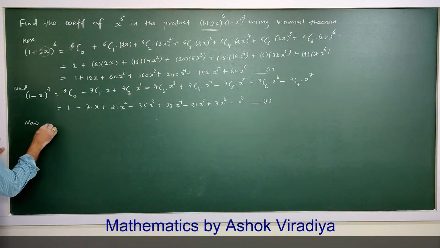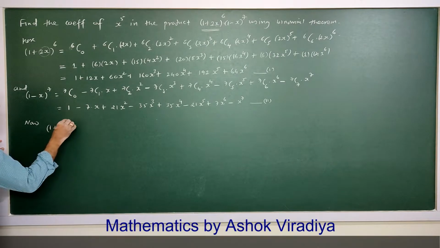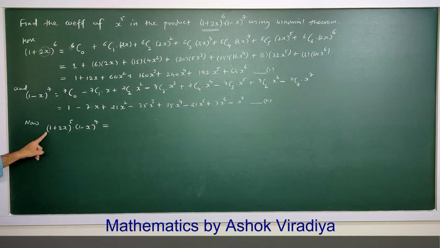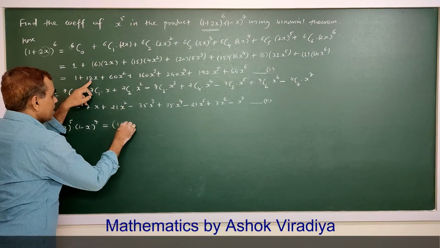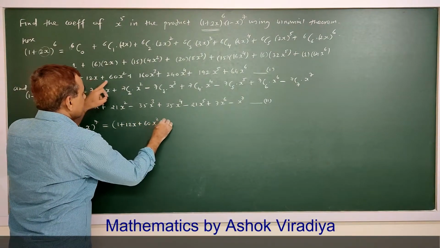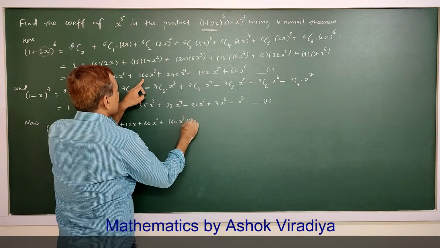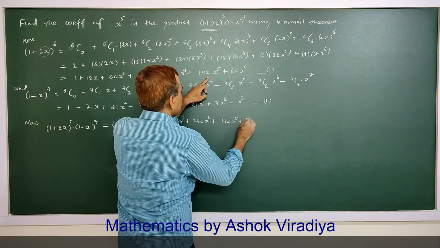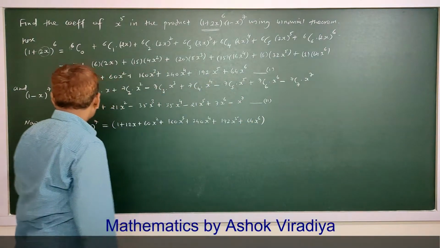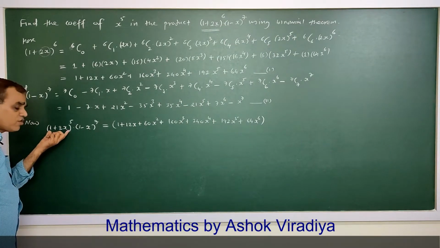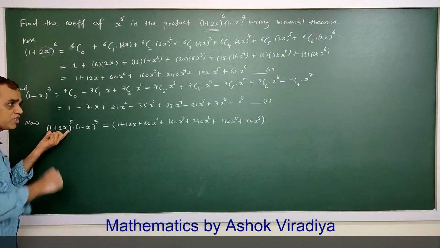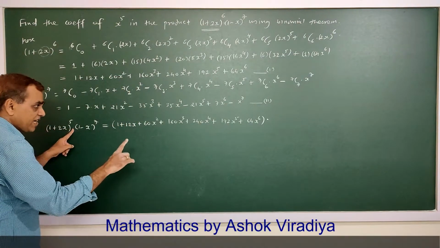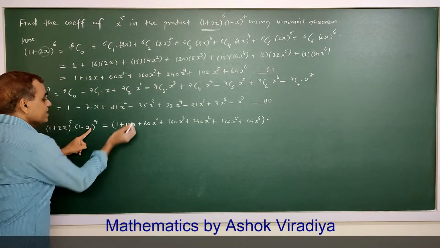Now we write the expression for (1 + 2x) raised to 6 into (1 - x) raised to 7 equals, the value for the first expression is 1 + 12x + 60x square + 160x cube + 240x raised to 4 + 192x raised to 5 + 64x raised to 6, into (1 - x) raised to 7.